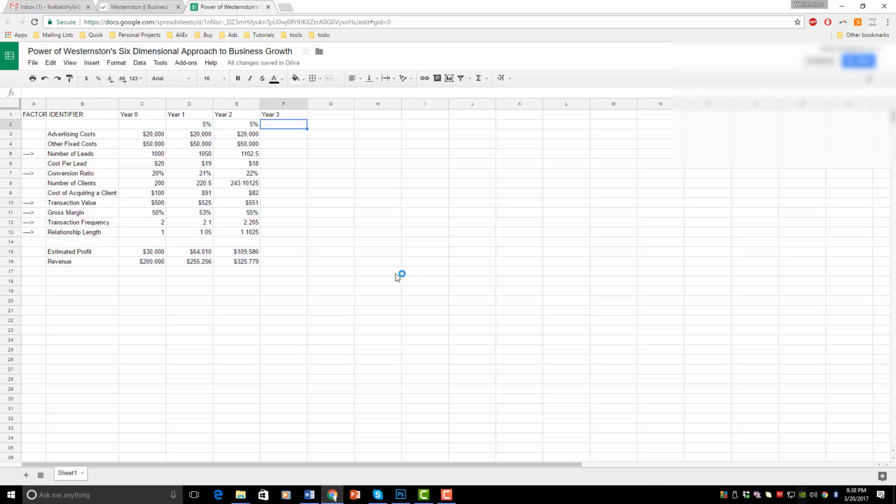Again, if we just do the same calculation again, I'm just going to drag this entire thing out here. And this time, the revenue increase is going to be, again, impressive. But what's more impressive is the estimated profit increase. So you have gone from $30,000 a year to almost 6 times that amount in just 3 years.